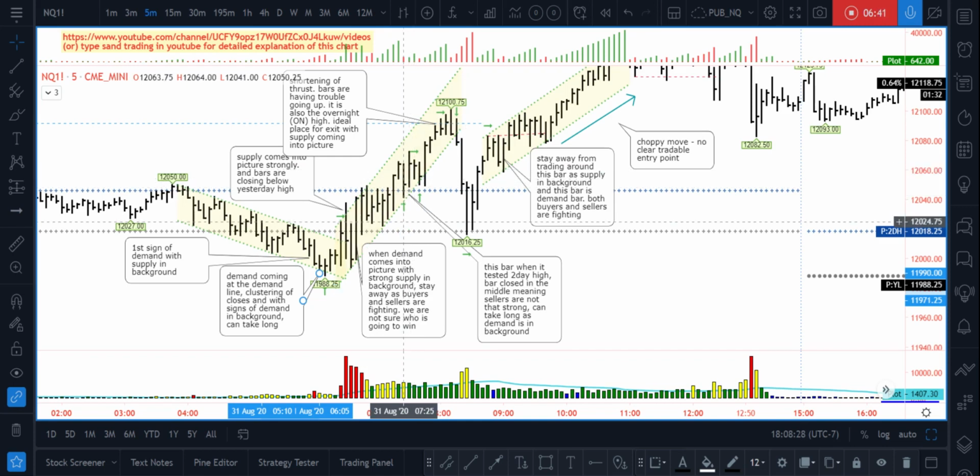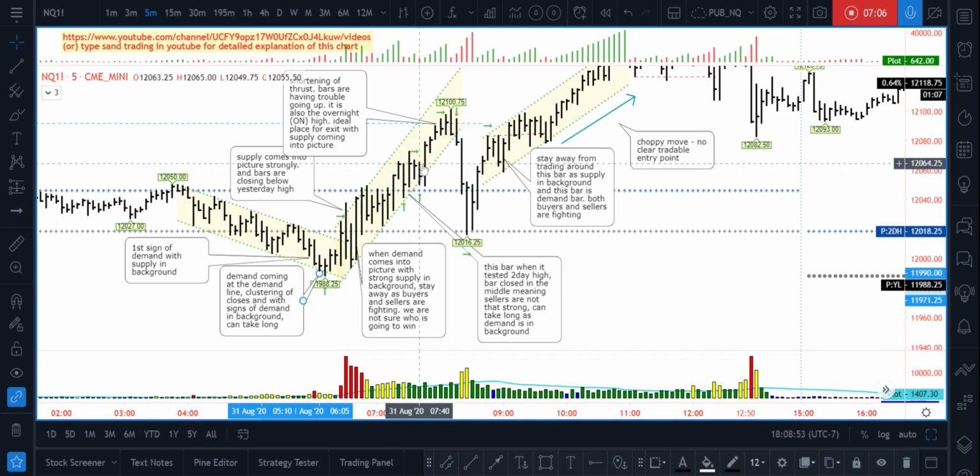If you see this bar, when it comes under and tests the blue line, today's high again, the demand comes up, and when it tries to break under, the demand pushes it way up. This is the time you can go and buy this trade immediately. And then you see the next bar, it made a good move.